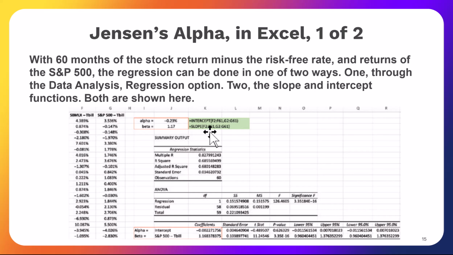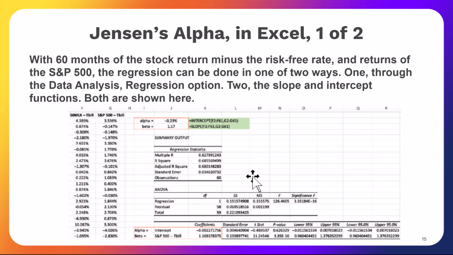You can see here are our Excel formulas. It's equals intercept, and then you put the column of the stock, and then you put the column of the market. That will give you alpha. And the beta we see here is equals slope for those same two columns of numbers.